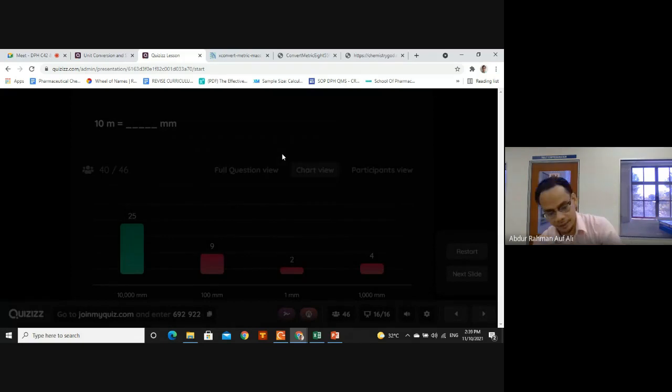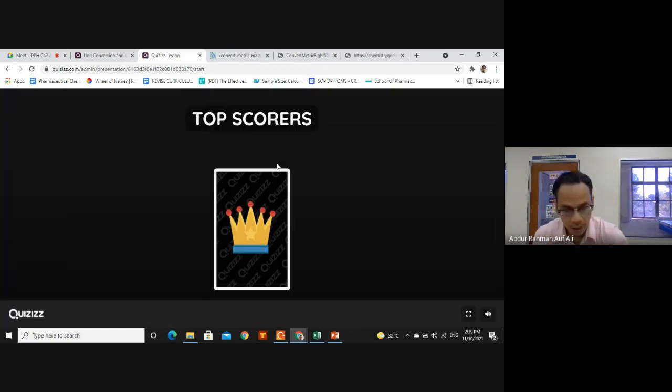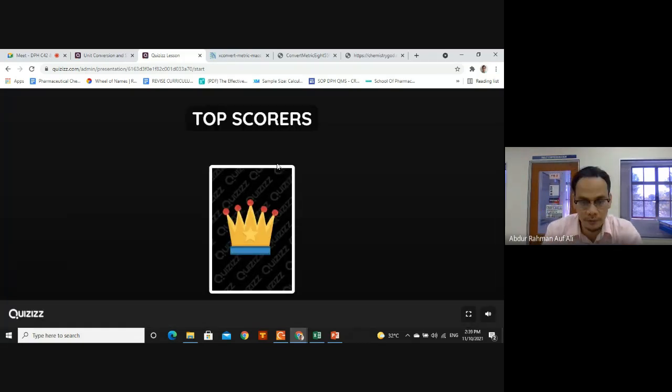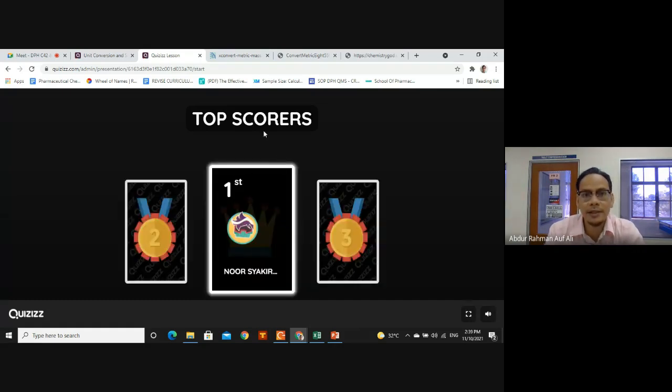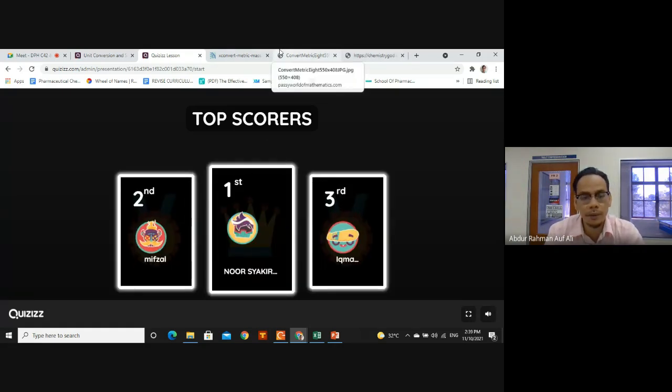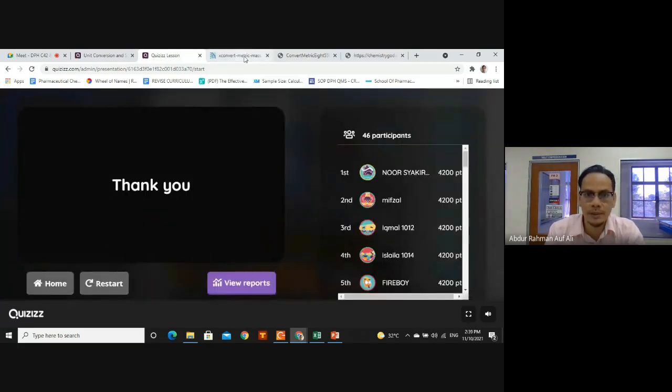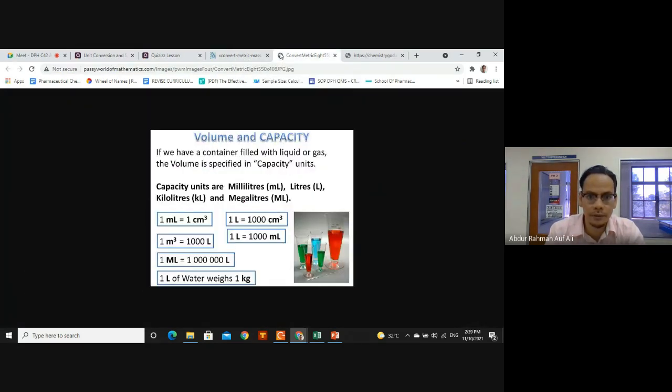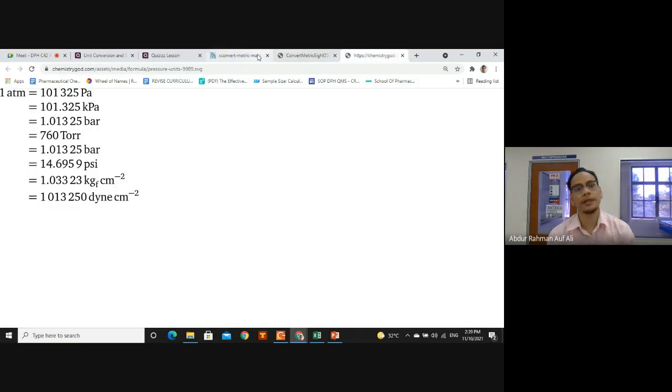Okay, so that's basically how you perform unit conversion. But what I want to highlight here are the ones you're not yet familiar with. For example, like ATM, pressure units.